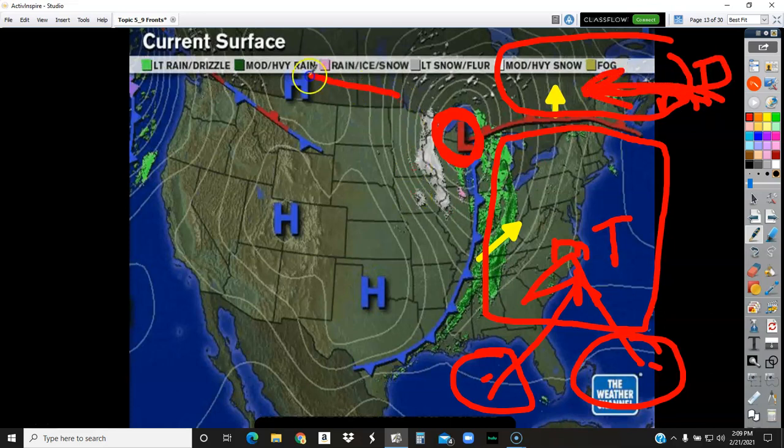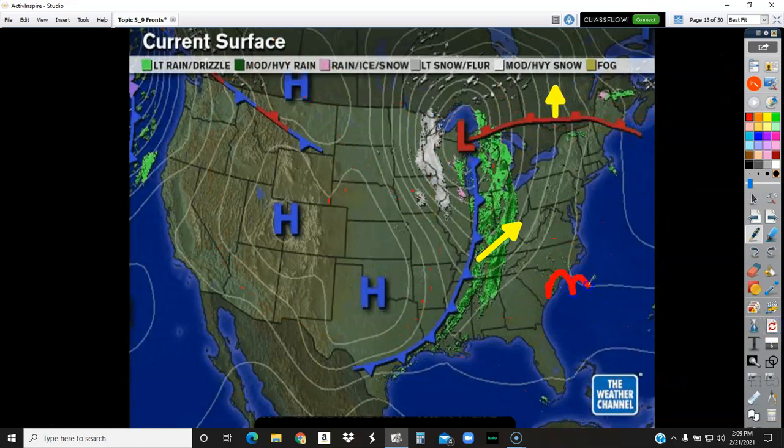And then back here, notice all these high pressures, these big blue H's. This is all that continental polar air, cold and dry air that's coming down from central Canada, pushing this way. And it's going to be behind this warm front. So you've got three air masses. The maritime tropical air is pushing this way. The maritime polar air is pushing this way.